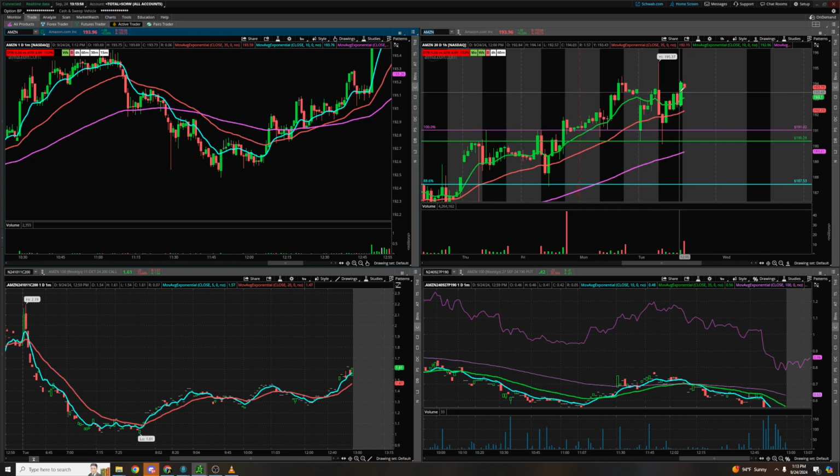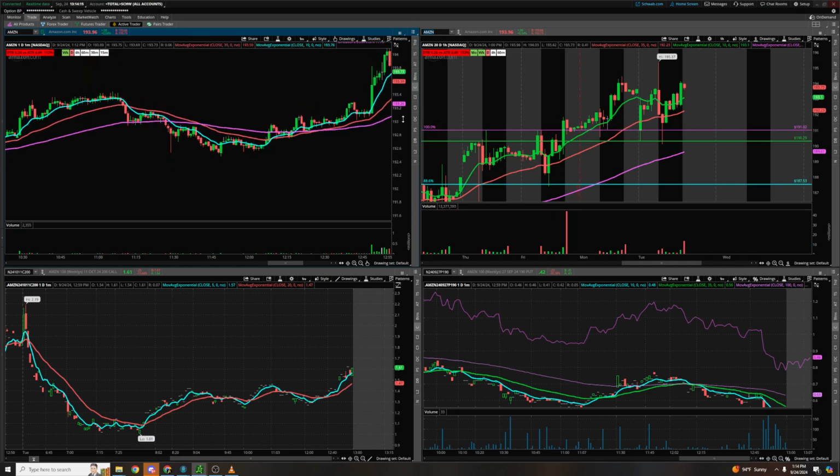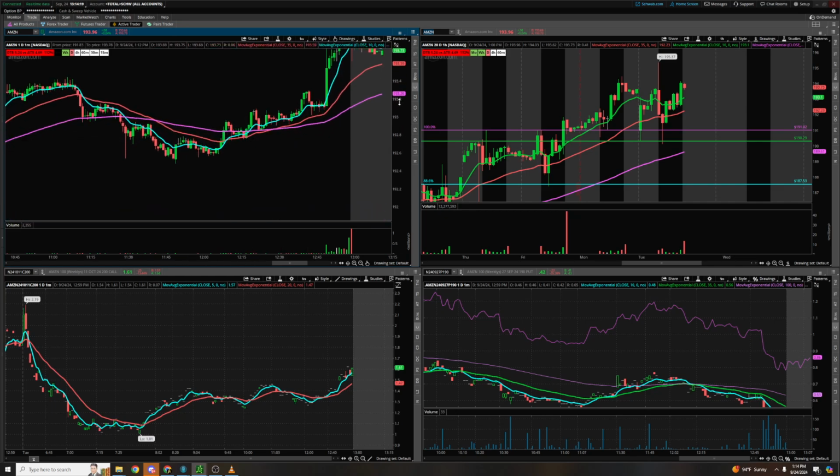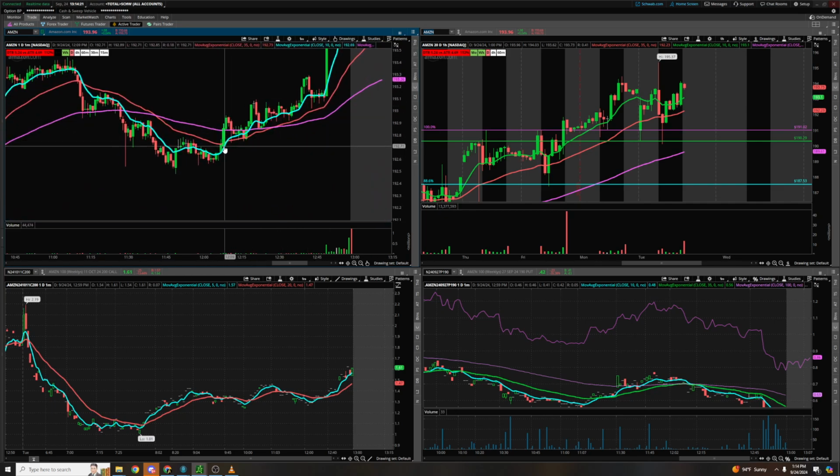Entering in the middle of a range is probably not the way we want to go about it, but that doesn't mean there's not a good entry there. Ideally, we want to enter at the bottom of a range, especially with futures. So at the end of the day, your better re-entry was right here, if you're going to get into the trade.